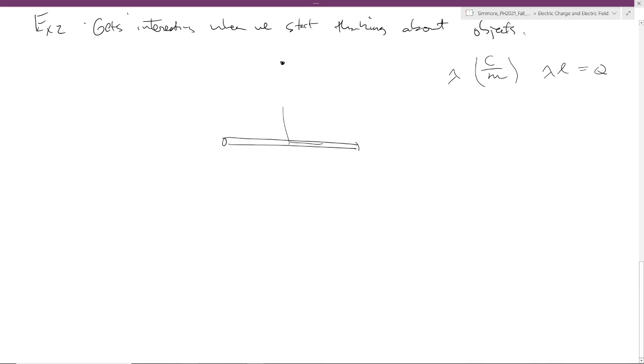We're going to multiply this by some differential length, and that would tell us the differential amount of charge. So imagine a little snippet of this wire, which we'll identify as dx. We're going to need to know the distance, call that r.